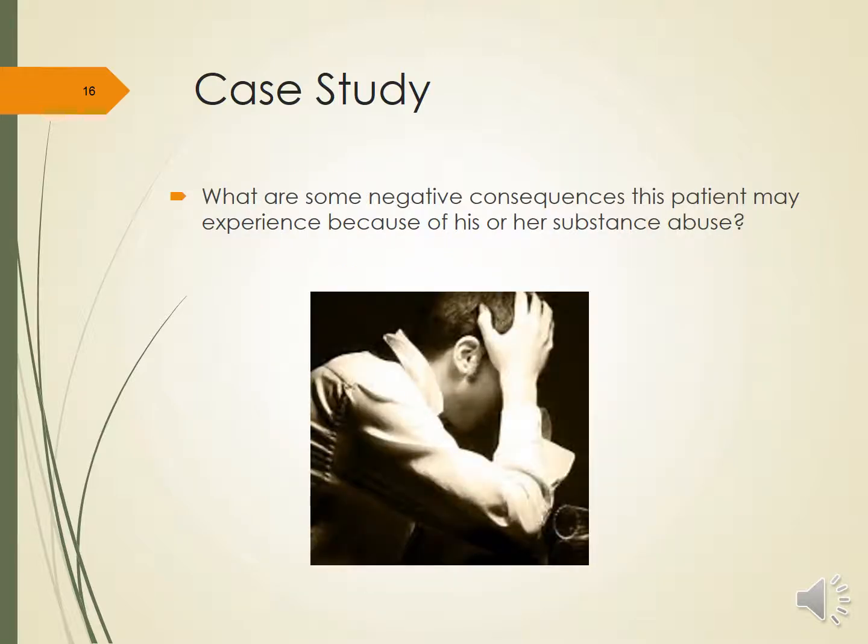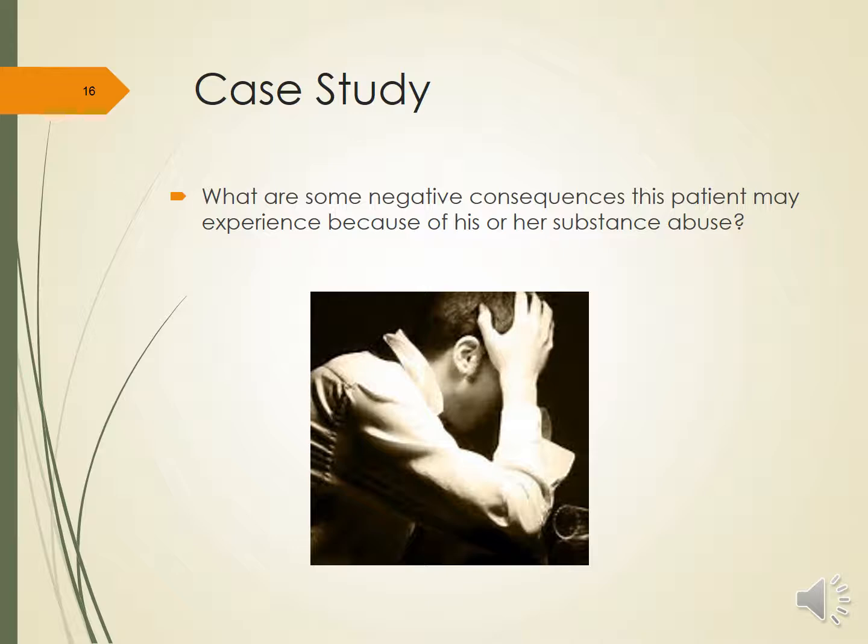What are the negative consequences that patients experience when they become addicted to a substance? Their work life gets disrupted. Most of them are going to lose their job. Their health begins to deteriorate either fast or slow, depending on what they're abusing. If they're in college, they're going to flunk out.